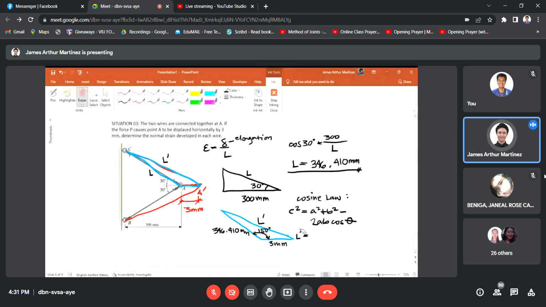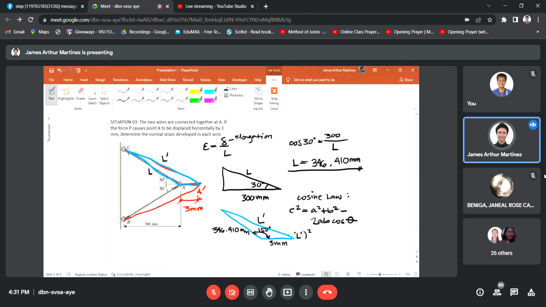Substituting the data, L prime squared equals 346.410 squared plus 3 millimeters squared minus 2 times 346.410 times 3 times cosine 150 degrees.